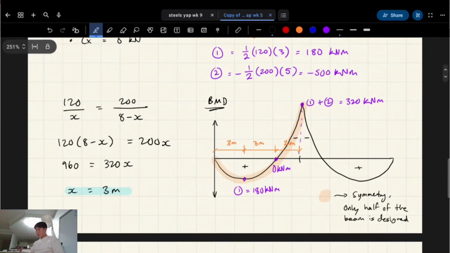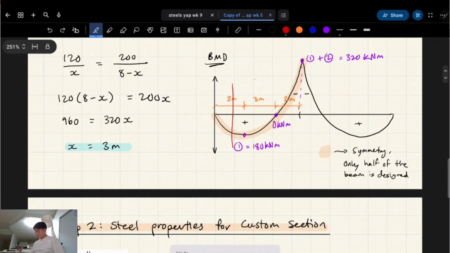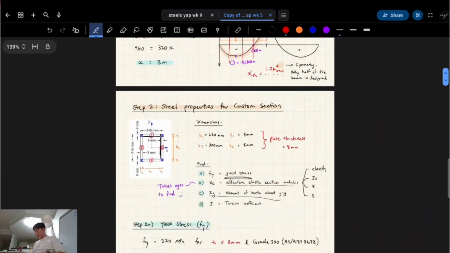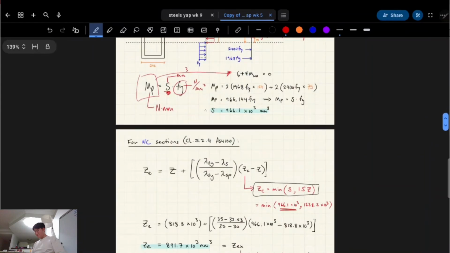What you could do is find the moment at the first quartile, the second quartile, and the third quartile. Then we can find alpha M using the formula, which uses those quartiles and the moment max, I think it's like 1.7 moment max. We could have done that, but I just want to show you the other method.